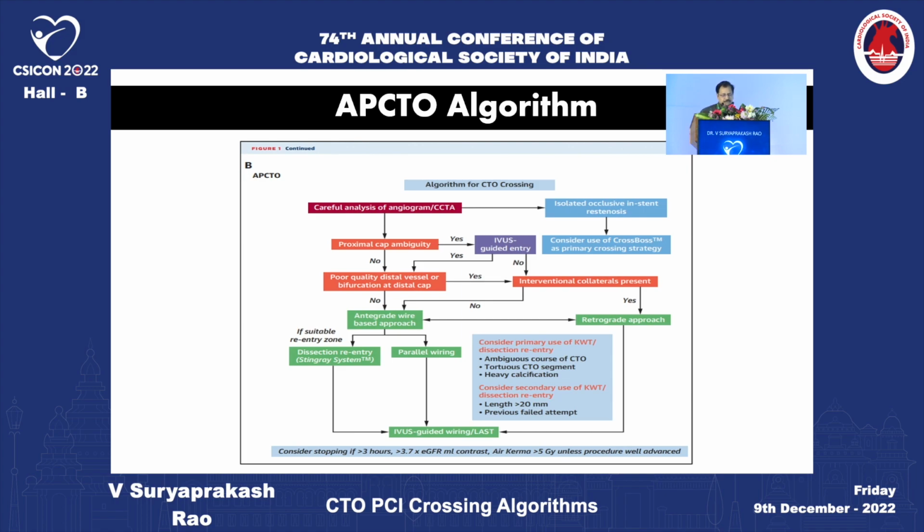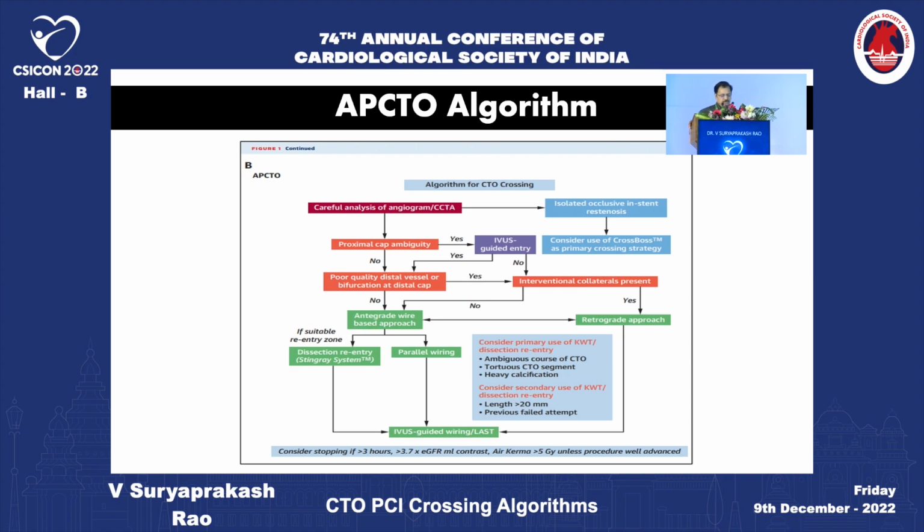The ABC2 algorithm is a combined Japanese effort, where Dr. Tsuchikane made a beginning along with the Chinese operators mainly at that time. In this, the CT angio is also taken into consideration. The importance is given to the ISR CTO, where the Crossboss is a very nice device, used as a primary crossing in this particular algorithm.